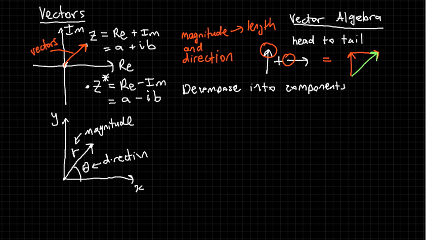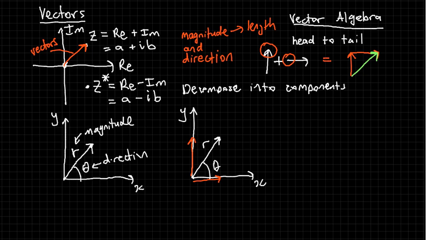Well, if you think about a vector in the xy plane, and we've shown earlier that you've got r and you've got theta, we can think about this as being made up of two vectors, one along the x-axis and one along the y-axis.